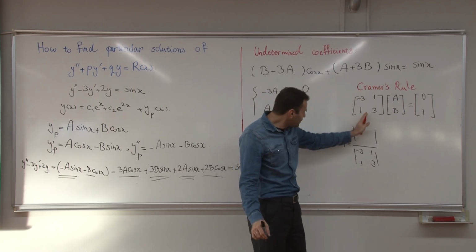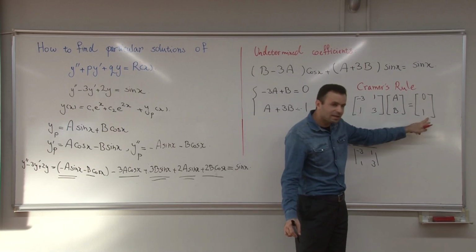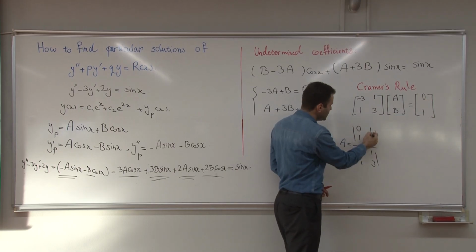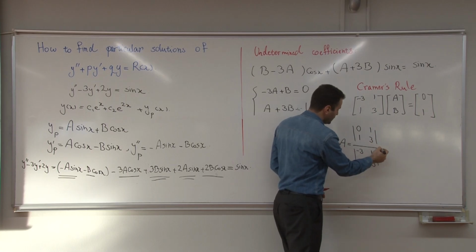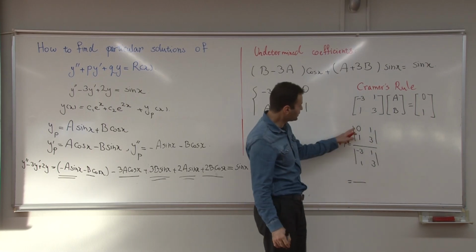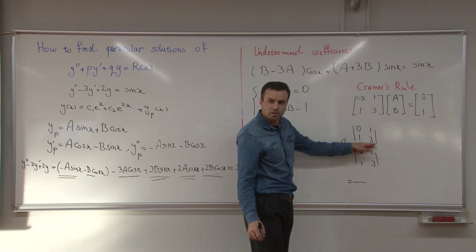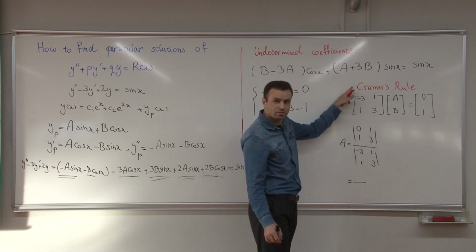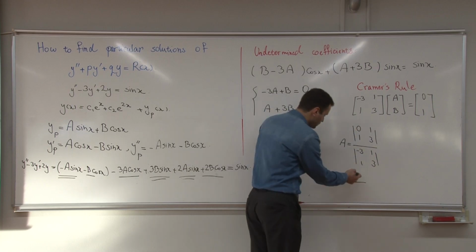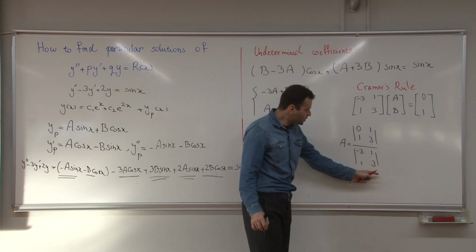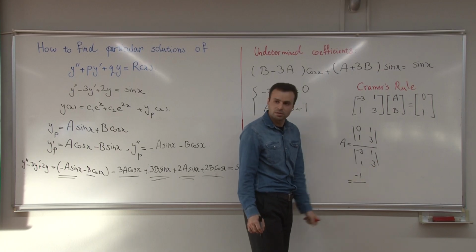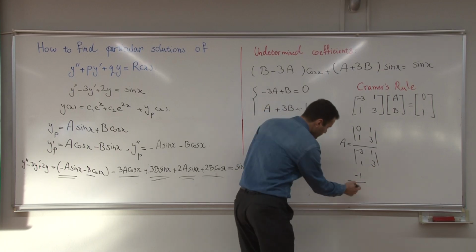In the first column, write this right hand side, which means 0, 1, and the second column I keep as it is. So what is this equal to? This is equal to 0 times 3 minus 1. What about this one? Minus 9 minus 1, which is minus 10.